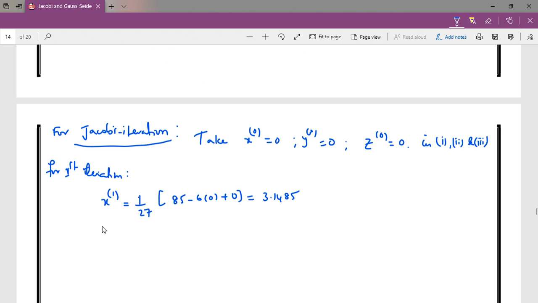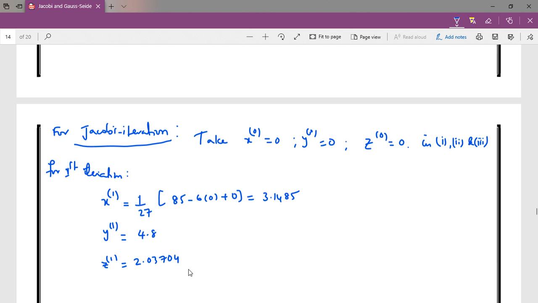Similarly calculate y1. So y1 gives you 4.8 and z1 is 2.03704.